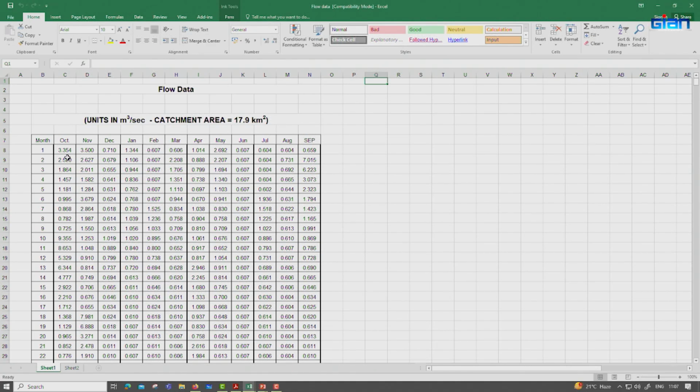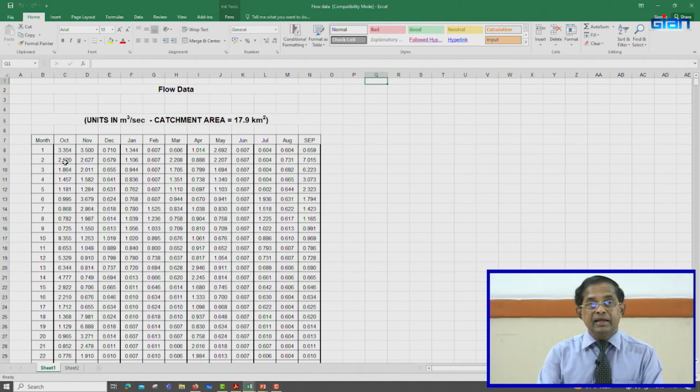And now, he gives what can be the expected flow rate for each day of the month. October 1st, he says you can expect 3.354 cubic meters per second. We assume for the day it is constant during the 24 hours; it might vary slightly, but we assume it to be constant.